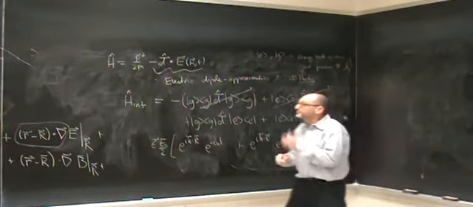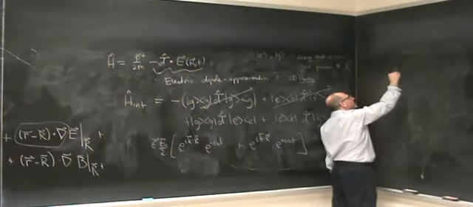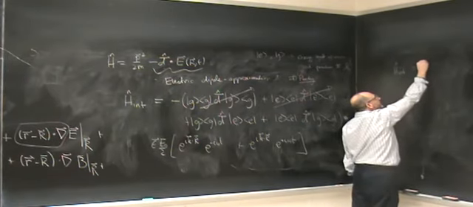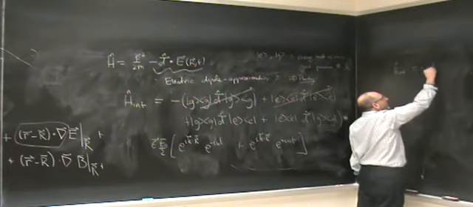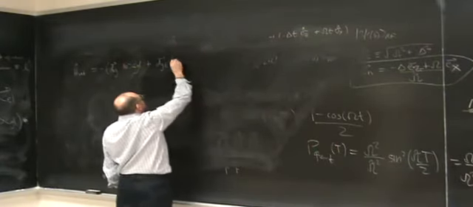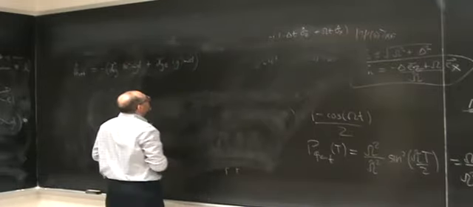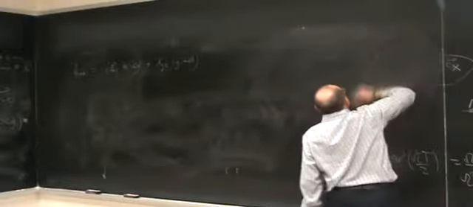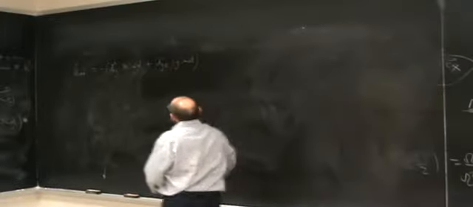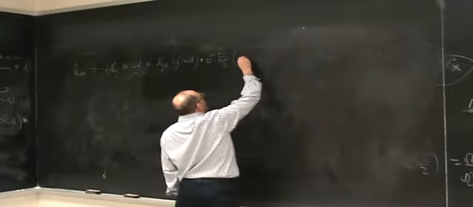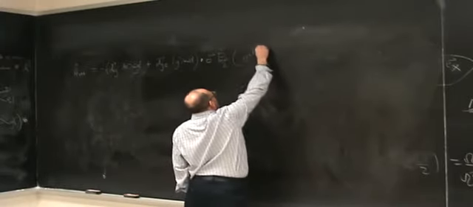What we thus have is our interaction Hamiltonian is equal to minus what I'll call D_eg plus D_ge, dotted into the polarization, the amplitude over 2, e^{ik·r}.